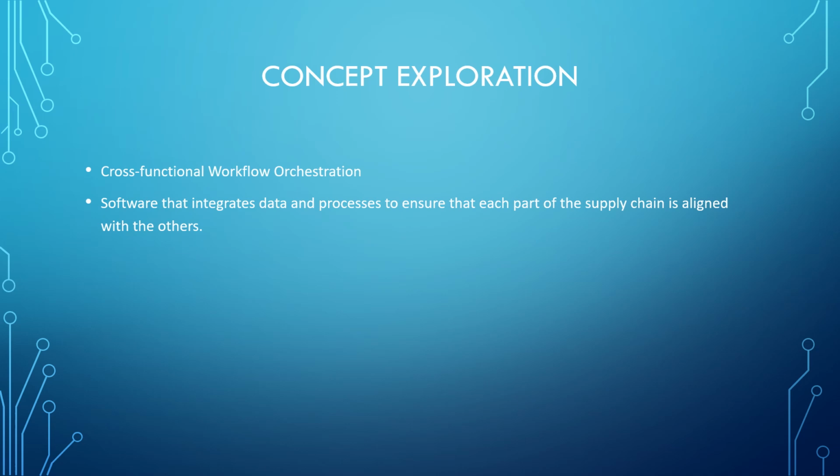Cross-functional workflow orchestration ensures that different parts of supply chain work seamlessly together, enhancing coordination and efficiency, and avoiding problems where one part of process going wrong so that other parts don't work as well. This technology synergy allows for better allocation of resources, timely location and response to issues, and improved overall supply chain performance.